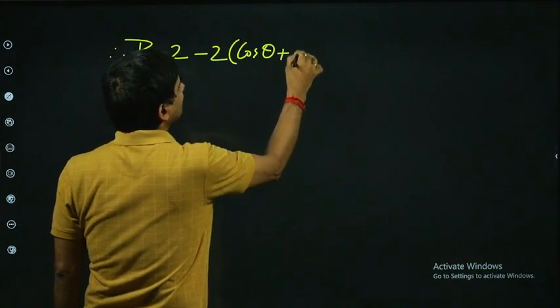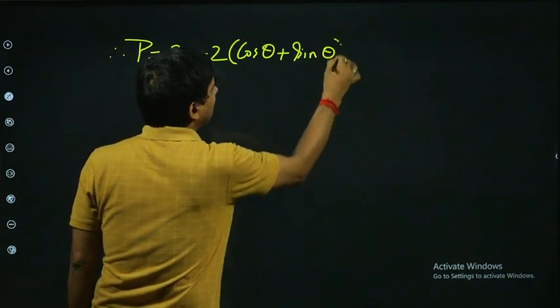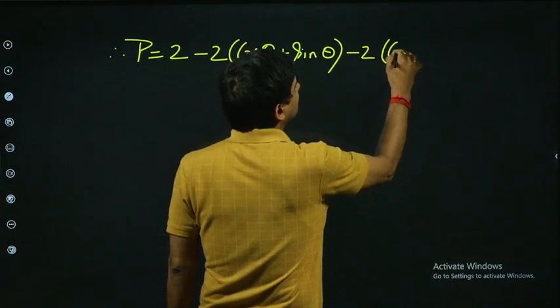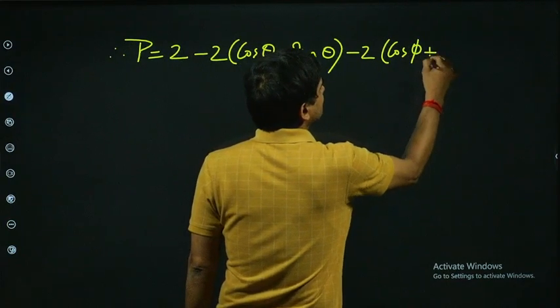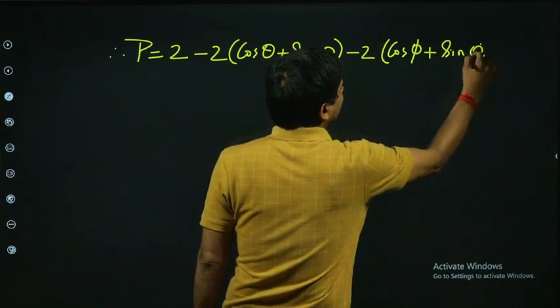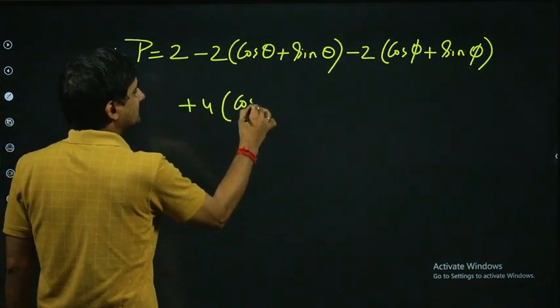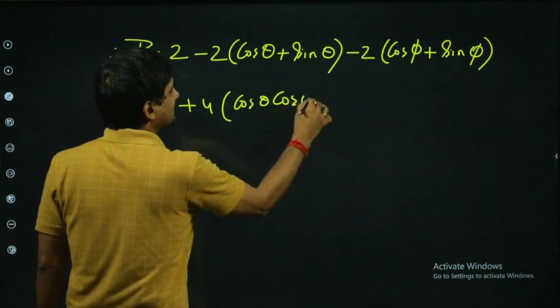I will tell you, or you yourself will come to know why I am doing it. Similarly, minus 2 cos phi plus sin phi, and the remaining two, plus 4 times cos theta cos phi. See, that makes sense, isn't that?